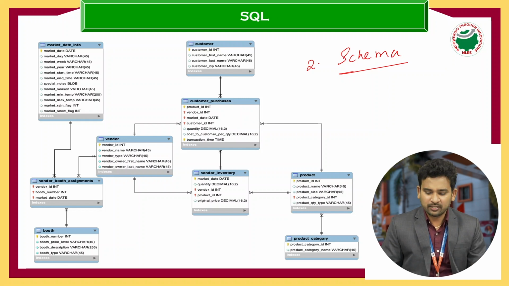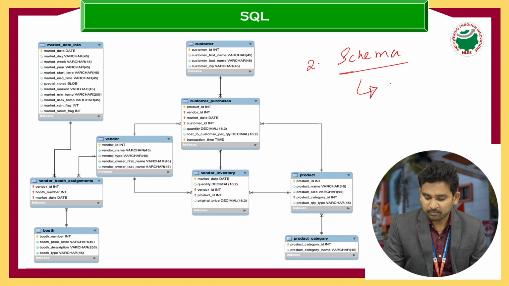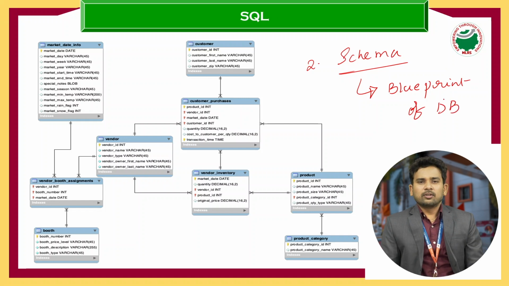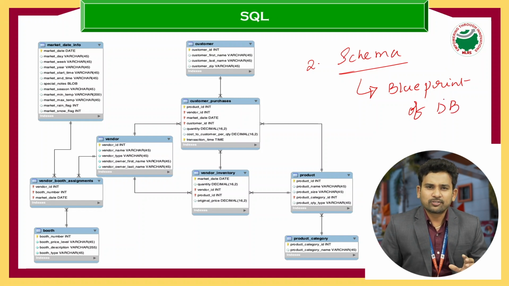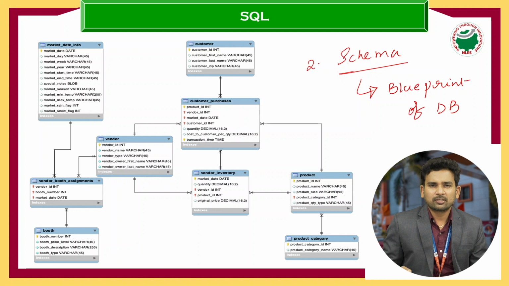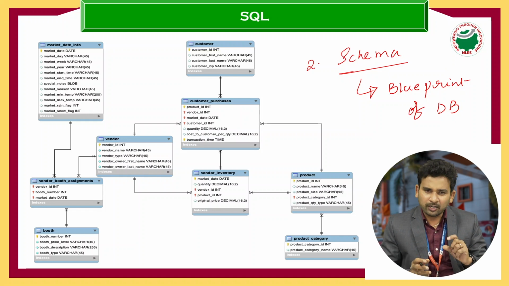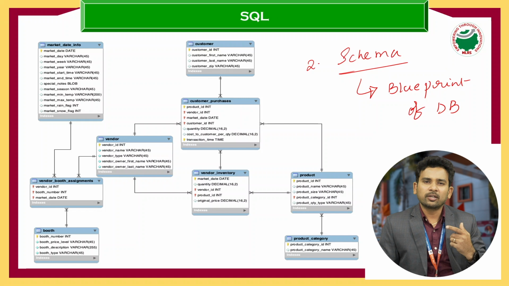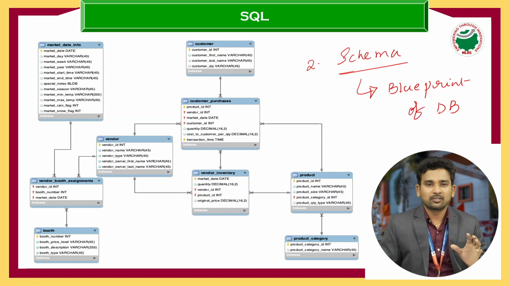Schema is nothing but the blueprint of the database. Any engineer first has to understand what tables are available, what columns and rows are available, and what the relation is between one table and another. That is the first primary thing we have to understand.